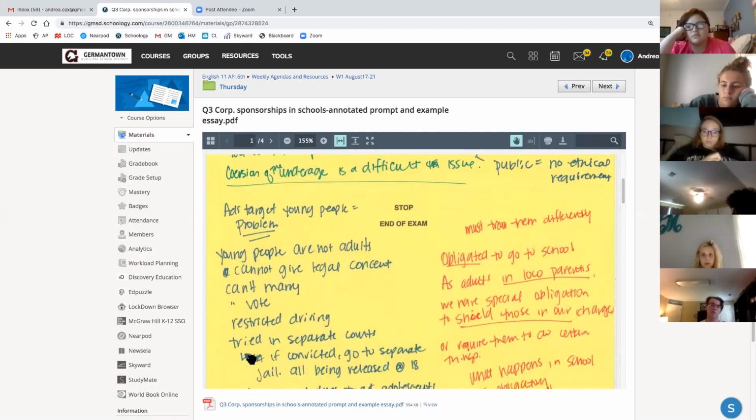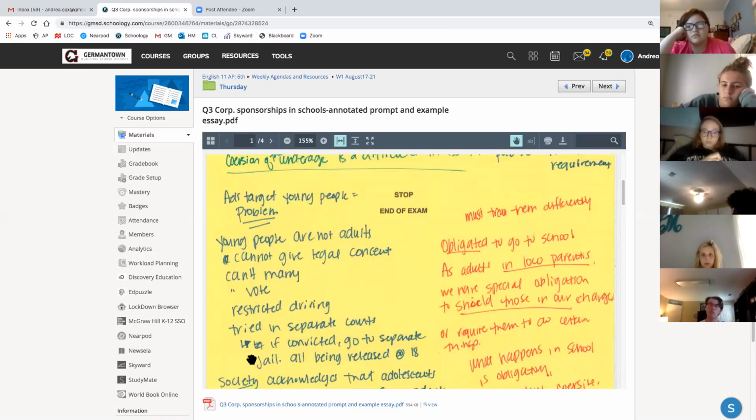This term in loco parentis is simply a Latin term for the person who's basically in charge of a student or a young person while the parents are away. So educators fall into this category.